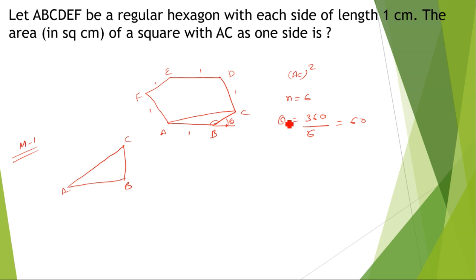So it is 60 degrees. Once we have calculated theta is equal to 60 degrees, we can easily calculate this interior angle ABC, which is equal to 180 minus 60, that is 120. So this angle is 120.